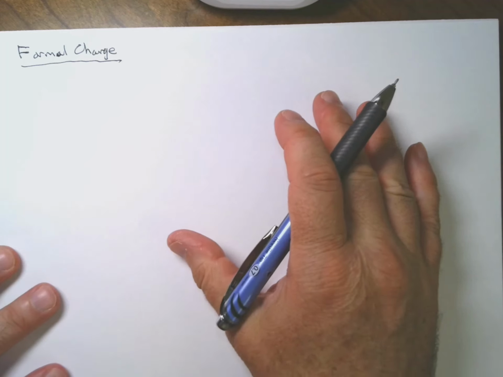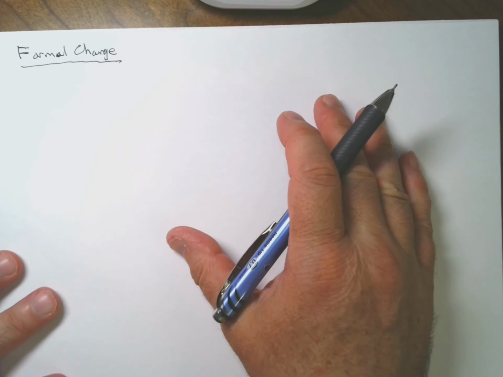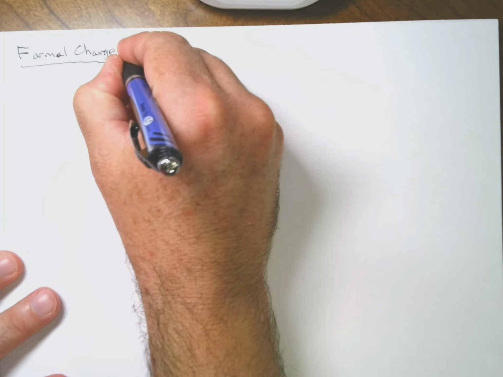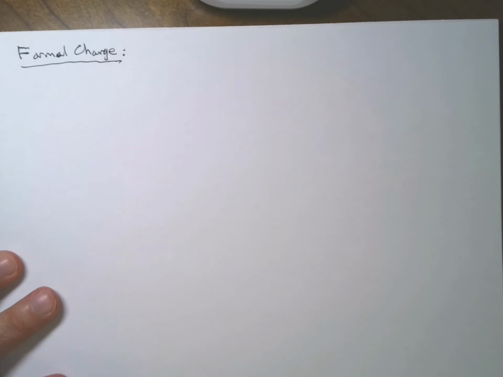So formal charge is kind of like oxidation states or oxidation numbers. It's a way of assigning electrons arbitrarily to atoms in a molecule.